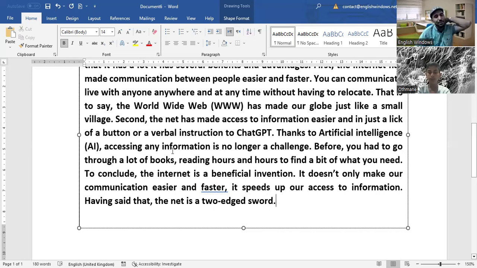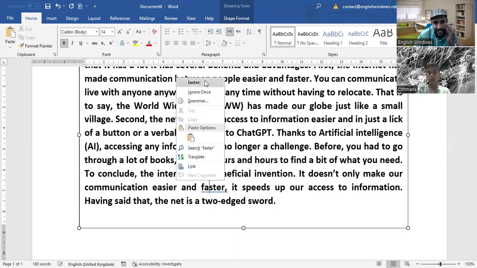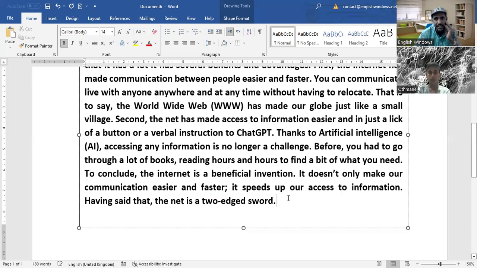Edge means it has two sides. It's a two-edged sword, right?